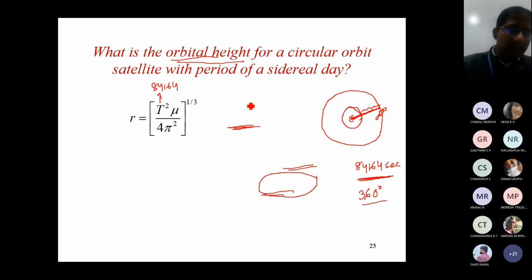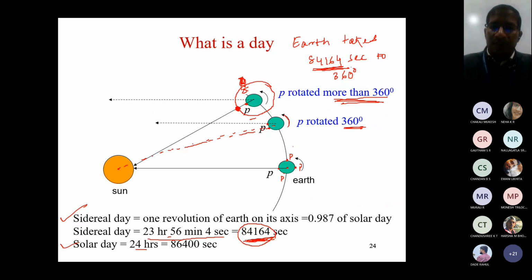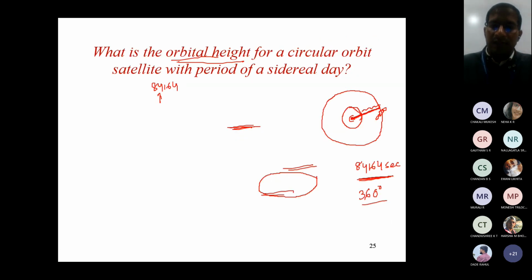What is the orbital height of a circular orbit satellite with a period of a sidereal day? That means, if this is the condition, at what altitude is this satellite located? That means from point P to this orbit, how much is the distance? That is the question in the next slide.